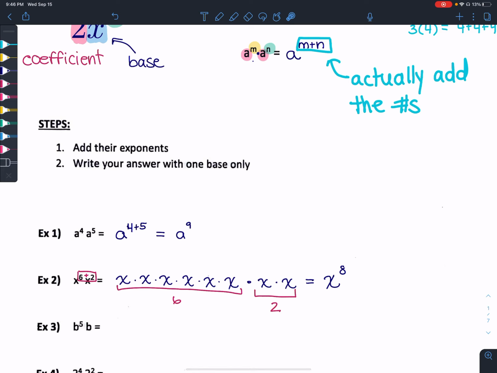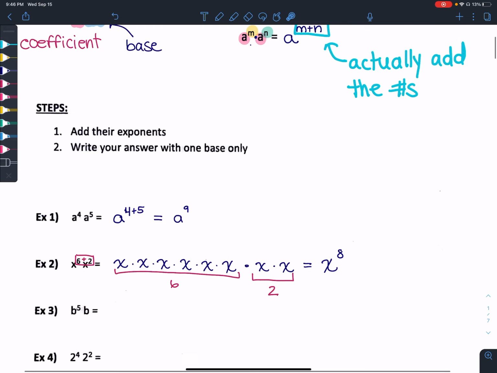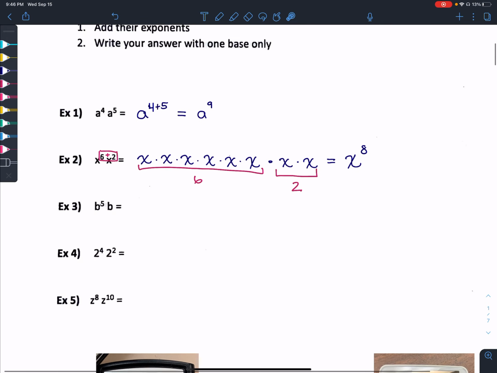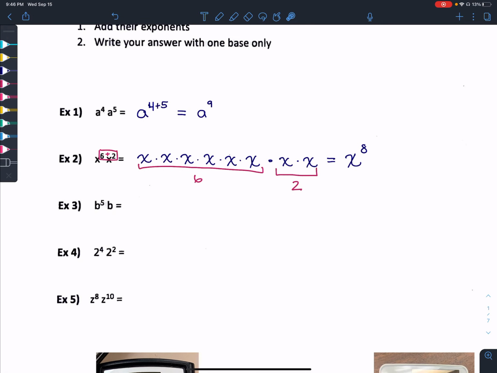Okay, so now we can go through this a little bit faster since that is the main meat of the rule. Over here we have b to the power of 5 times b. This is actually an important example. Here our b doesn't have an exponent written. When that happens, you need to remember that your exponent is to the power of 1.